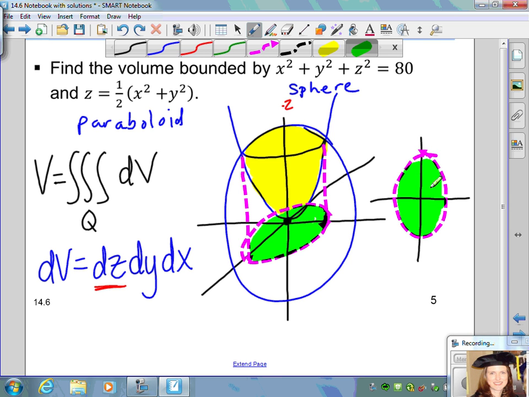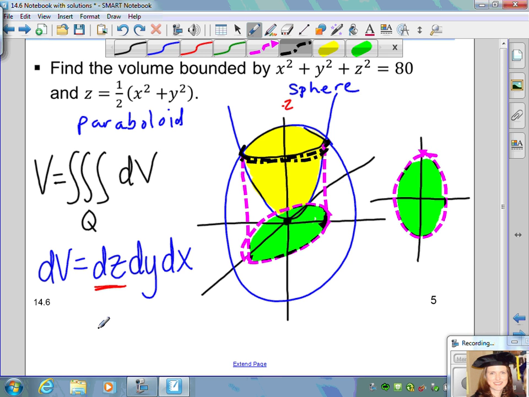So in order to find the size of this circle, we need to determine where the sphere intersects the paraboloid. Where does the sphere intersect the paraboloid? In this portion right here, where the z on the sphere is equal to the z on the paraboloid.